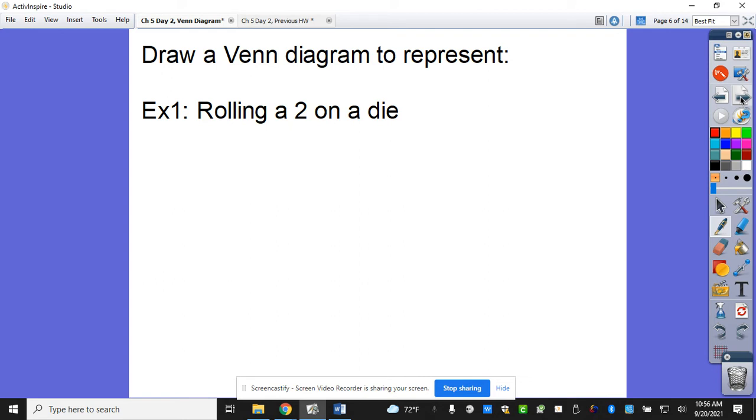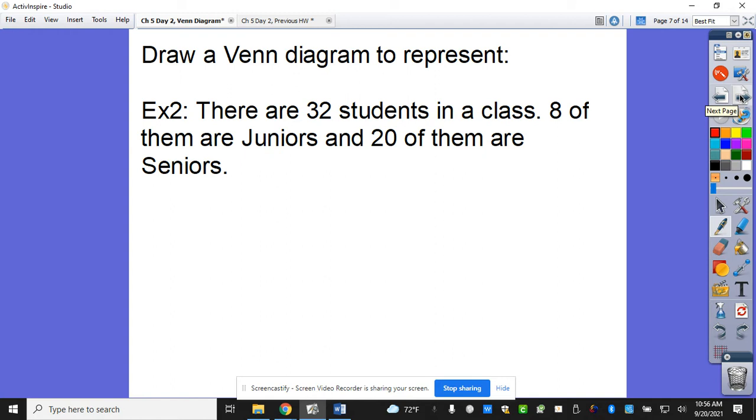Alright, let's skip ahead. Actually, we're going to write them all down and we'll get back. Example 2. There are 32 students in the class. 8 of them are juniors and 20 of them are seniors.